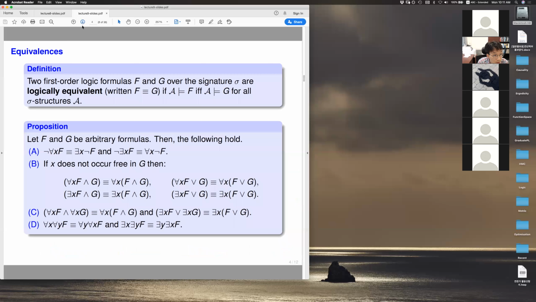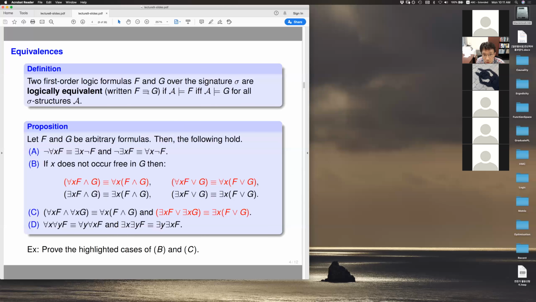And maybe in the remaining 4 minutes, here's something that I want to talk about a little bit and then finish. Just like I said in the previous slide, a key important concept, or tool, we're going to use is logical equivalence.